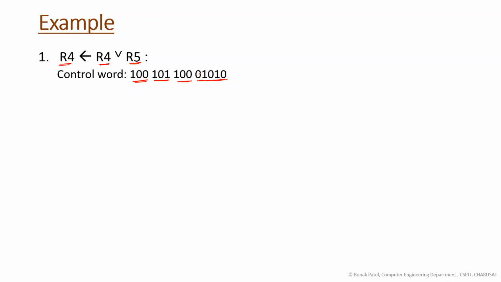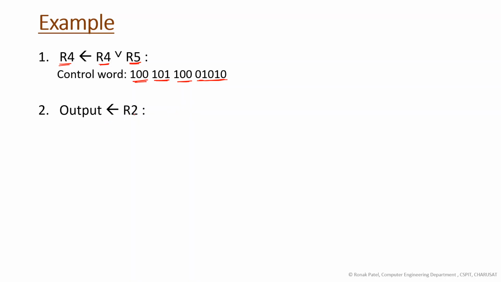For OR, it's 0 1 0 1 0. You can see it's a logical operation, so this bit is 1 now. If it is 0, then it must be arithmetic.